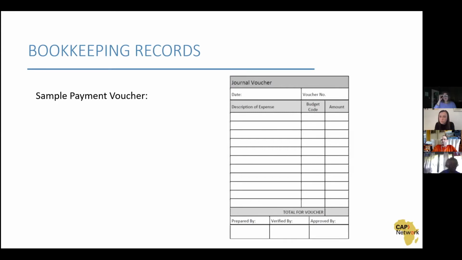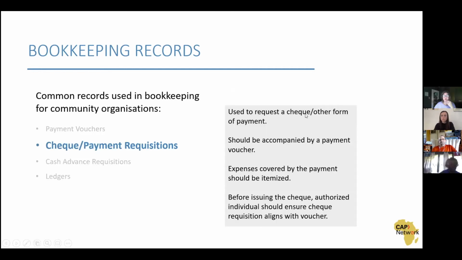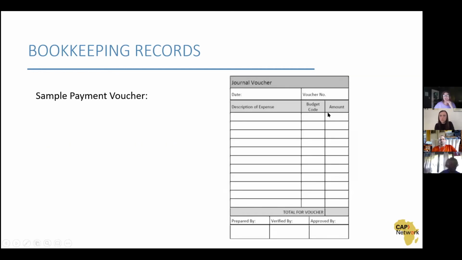Okay, so in the example that was in the question, say you have a transportation expense and you travel to a place where you're going to be monitoring 2 projects at the same time, you could put in your description of expense the travel, right?